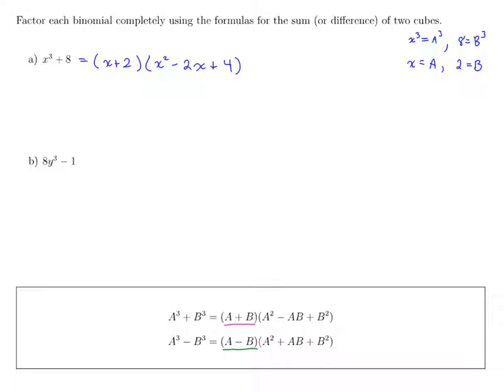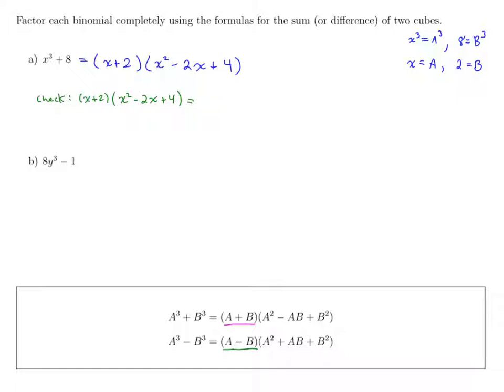Now, if we check this, the check is going to be a binomial times a trinomial, so we're actually going to get 6 terms. So let's take x plus 2 times x squared minus 2x plus 4. And there's a couple ways that we can do this distribution.